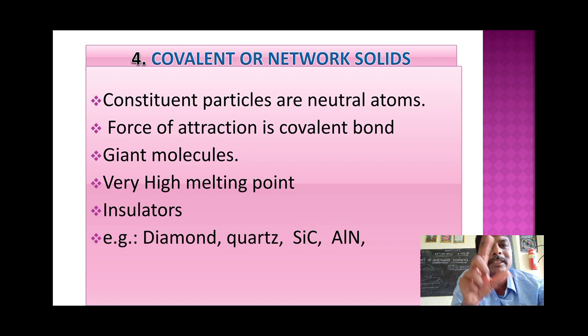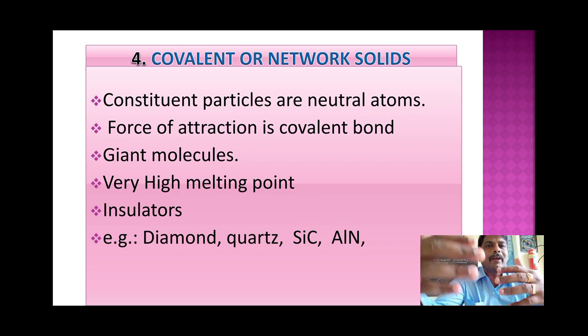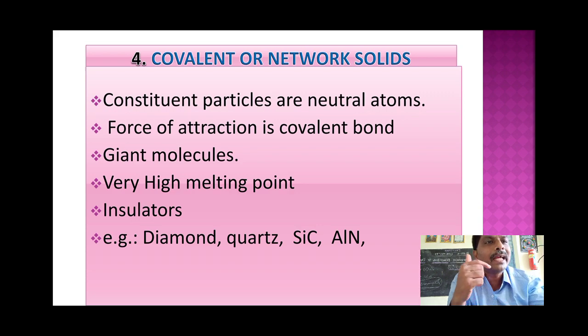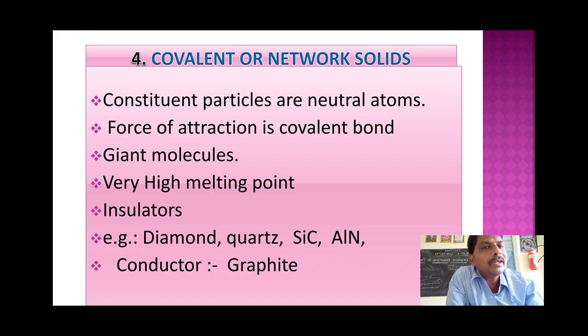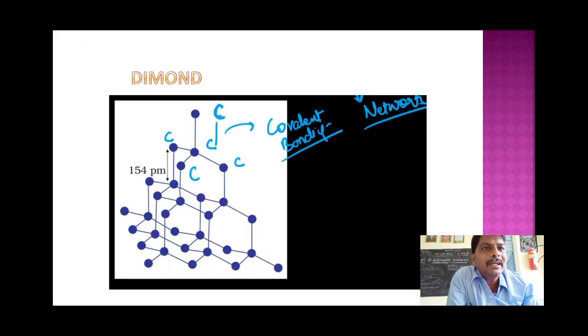Its structure is similar to the diamond structure. It is also hard. These are network solids because they have a 3-dimensional or 2-dimensional polymer network, like layers. So they are also called giant molecules. They are good insulators, but the exception is graphite, which is a good conductor.